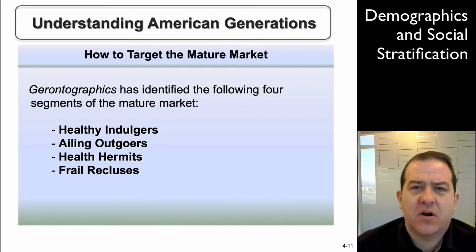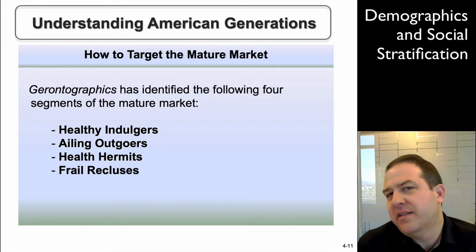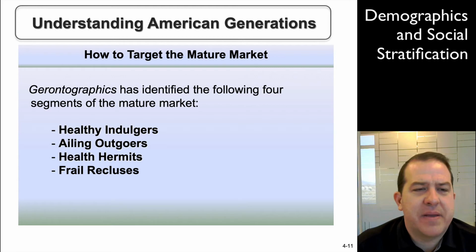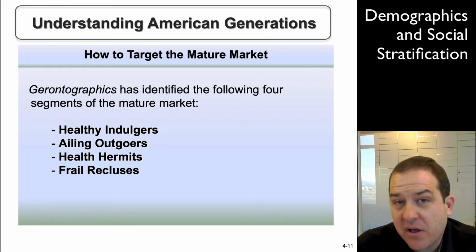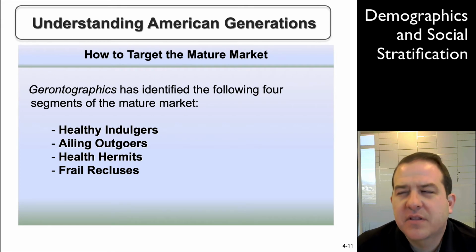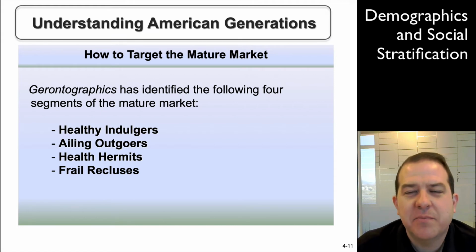Then we have the health hermits. These are the ones that are worried about a lot of things around them. There's a lot of fear in this market, and they want to make sure they have security. Some less than positive marketing that happens is "don't lose all your money, buy gold today."